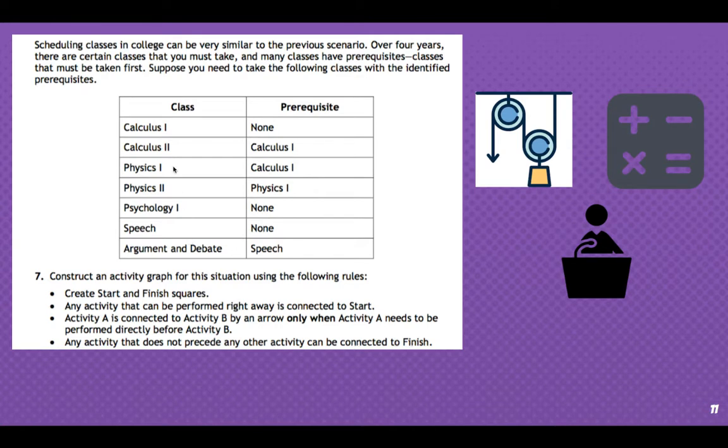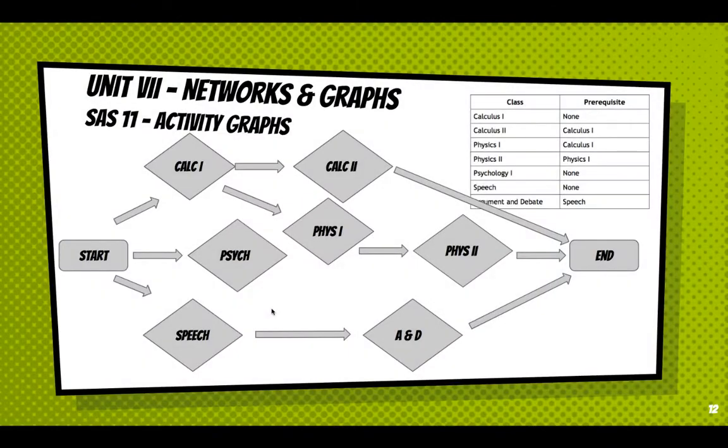So any of these activities here in class, okay, that is not a prerequisite for another class. So any activity over here that is not also over here can go directly to the finish line. So let's take a look at this. This is the completed activity graph. We start with 3 courses or classes that do not have prerequisites.